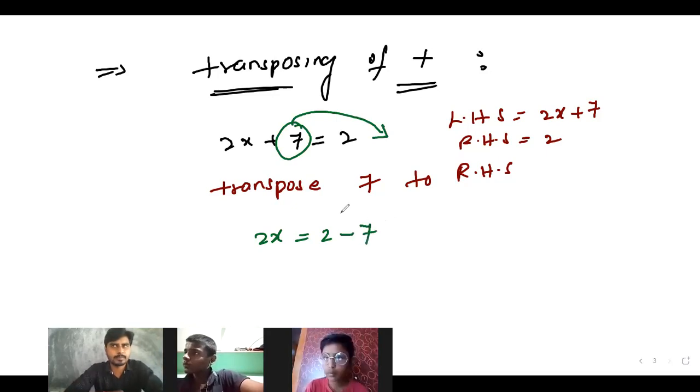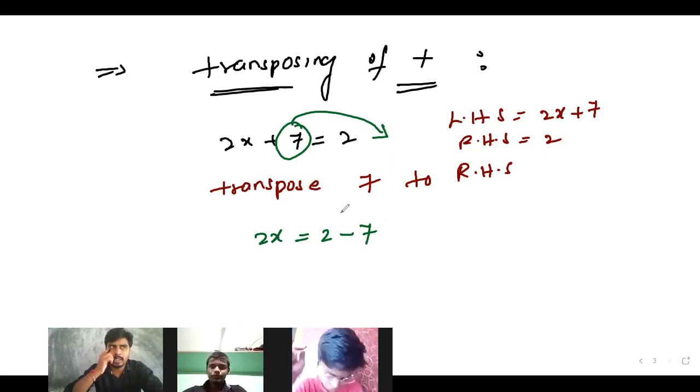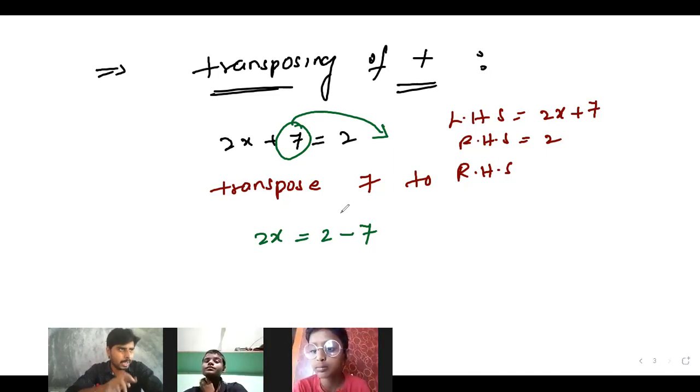Did you get that? Any doubts? Here I transposed 7 to the RHS side. So 7 has a plus sign on the LHS side, but I'm transposing that 7 to RHS, so the sign will be changed.